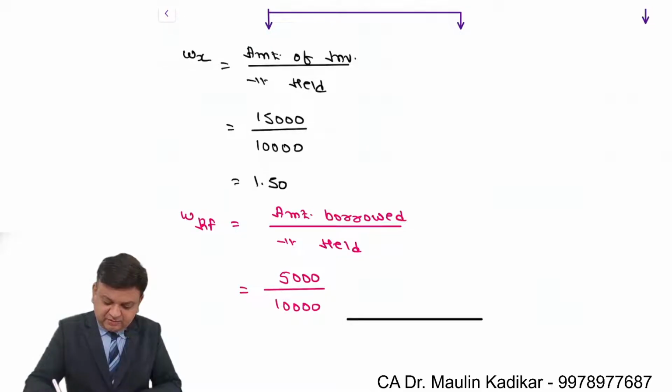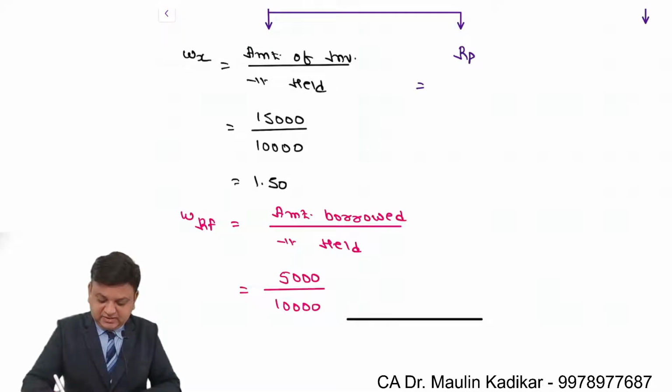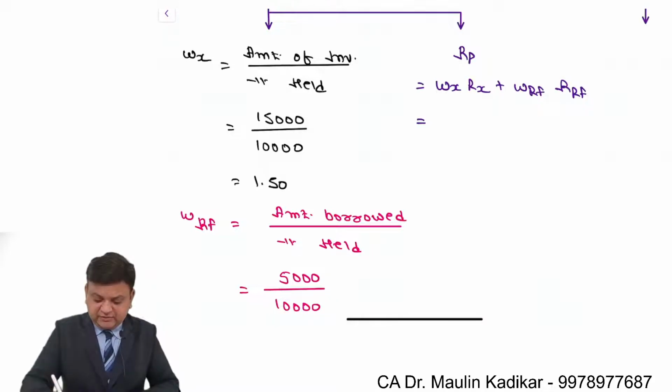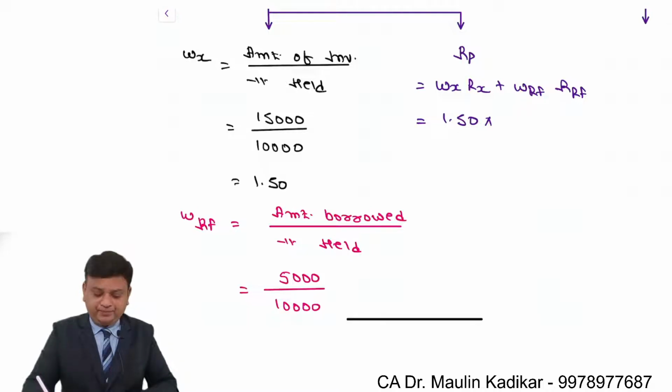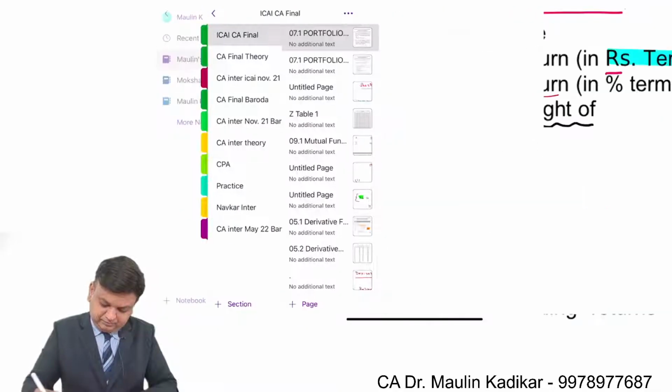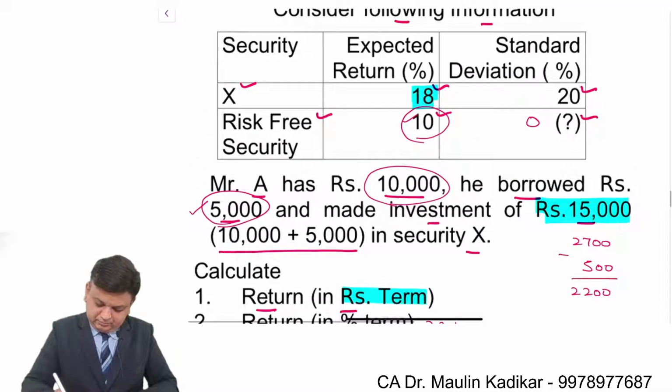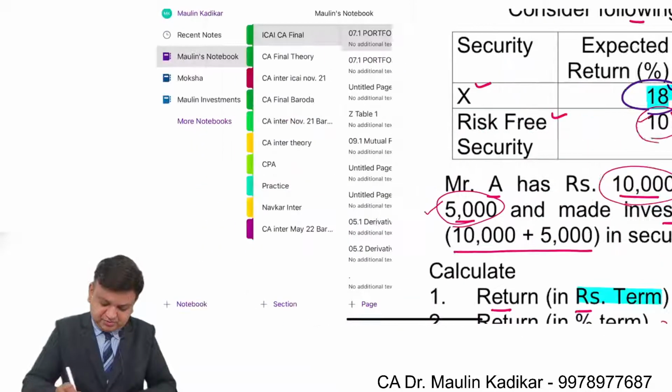As far as the return of the portfolio is concerned, it will be found like this: weight of X into return of X plus weight of RF into return of RF. What is weight of X? 1.50. Return of X is, sorry, 18 percent.